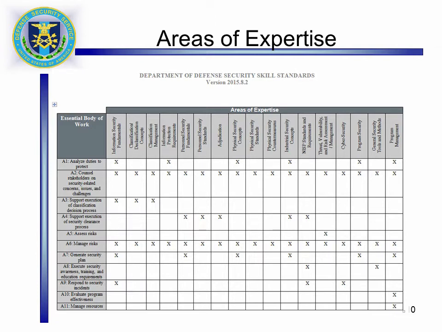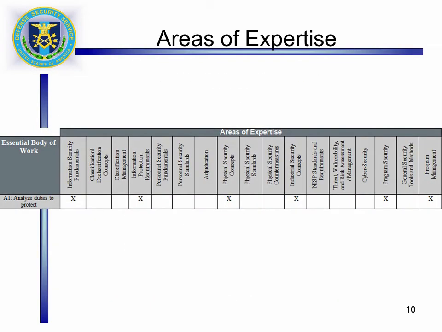If we go back to our previous example, the user wants to know what competencies the Analyze Duty to Protect action code applies to. If we zoom in on the table to the A1 section, we can see that the Analyze Duties to Protect accountability will apply to the information security fundamentals, information protection requirements, physical security concepts, industrial security concepts, program security, and program management competency sections of the essential body of knowledge.